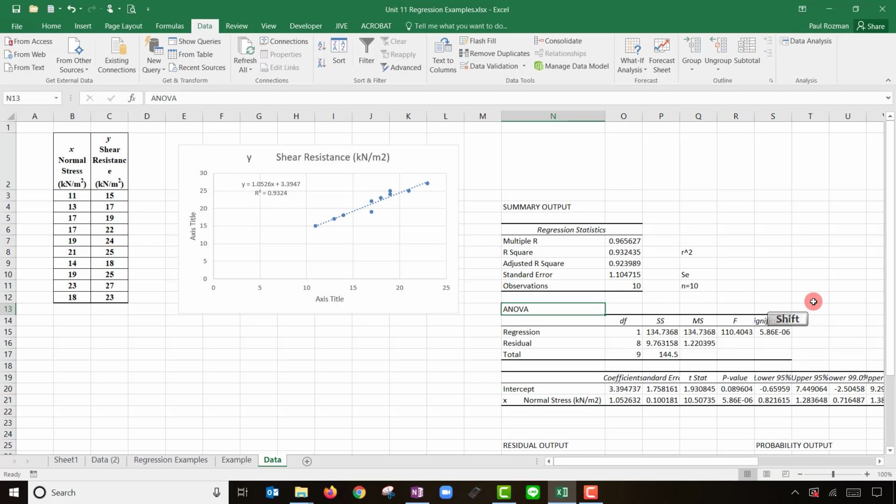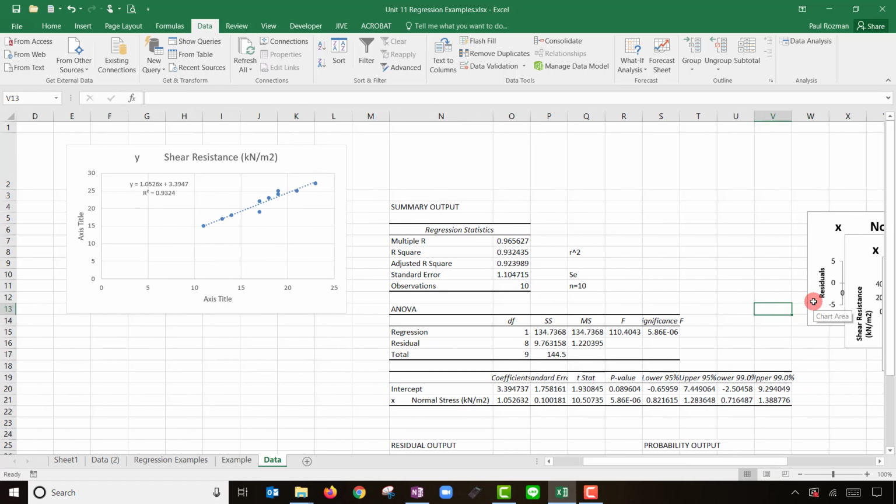Excel also gives an ANOVA analysis. This is a test to see if all of your coefficients are 0. So this is a hypothesis test of alpha, the slope equals the intercept equals 0, which would mean you have a bad model.